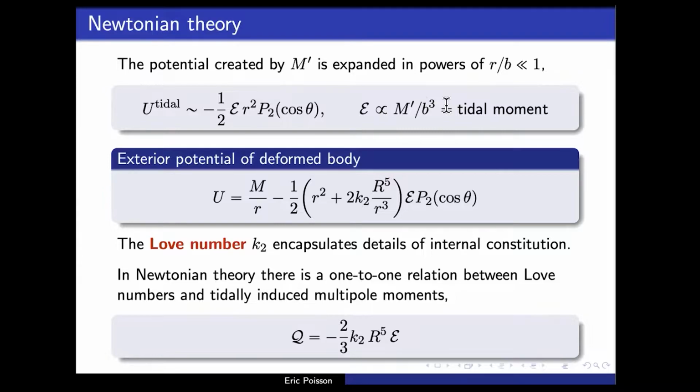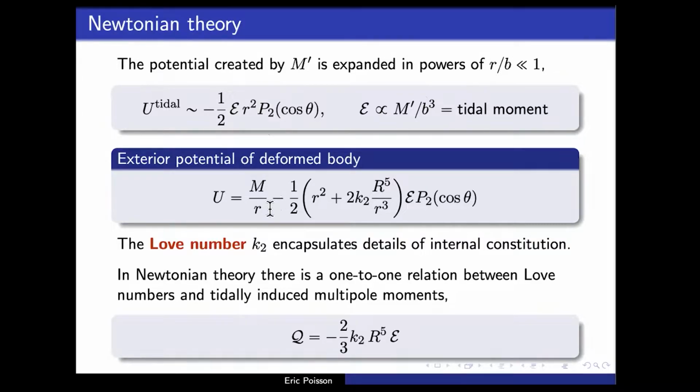So if the orbital separation is fairly large, you do a pretty good job, even if you just truncate this to the quadrupole order. So the key point here is that the tidal potential created by the companion body, when you restrict yourself to the body zone, corresponds to something that grows in powers of r.